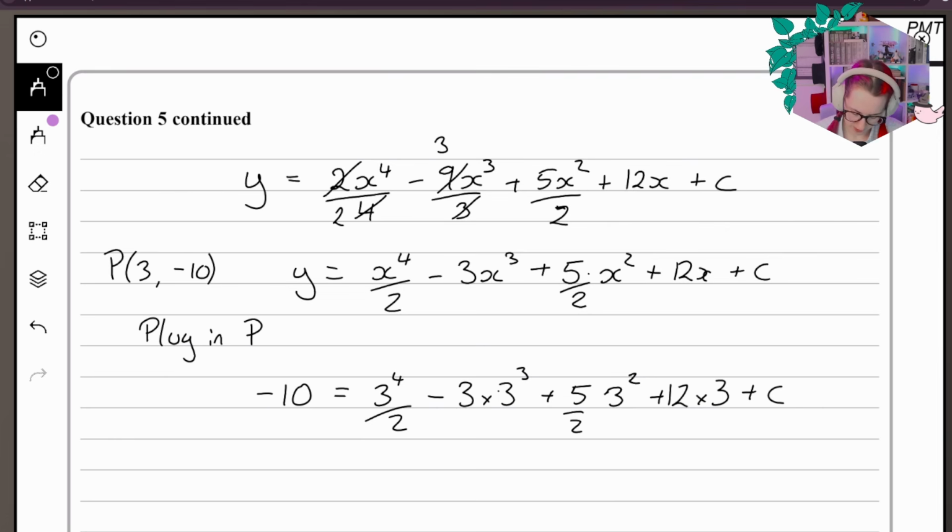So we get minus 10, 3 to the power of 4 over 2 minus 3 to the power of 4 plus 5 over 2 times 3 squared plus 12 times 3, minus 10 is 18 plus c, so c is minus 28 by taking the 18 over.